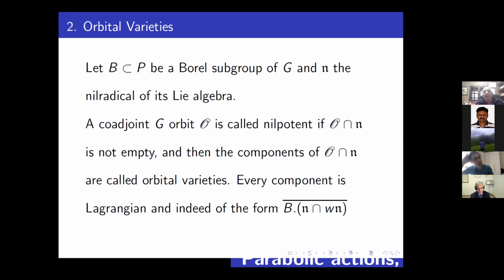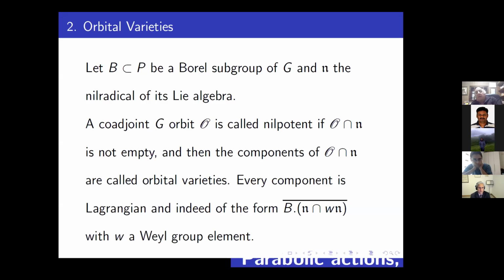Each component is Lagrangian, and indeed of the form B applied to N intersection Wn. Now here you may notice that N intersection Wn is a subalgebra of N, and it's also complemented by a subalgebra of N. So that's what makes the orbital variety Lagrangian. And here W is an element of the Weyl group.